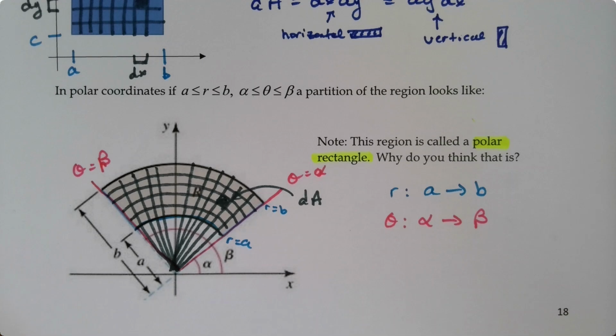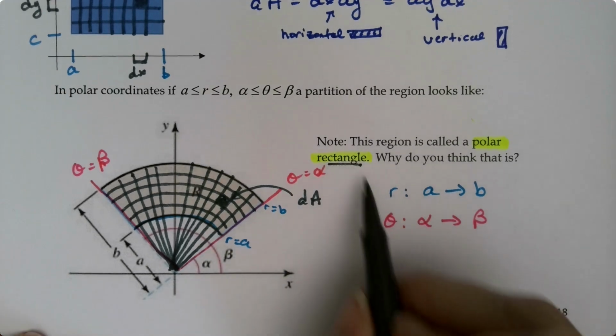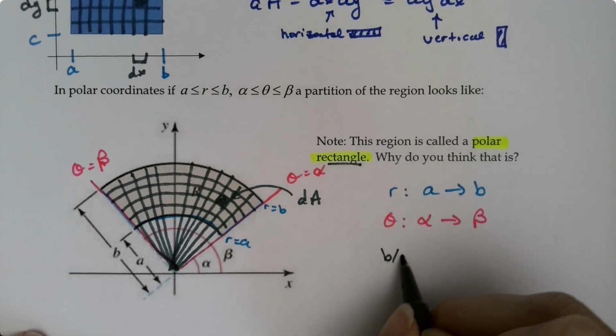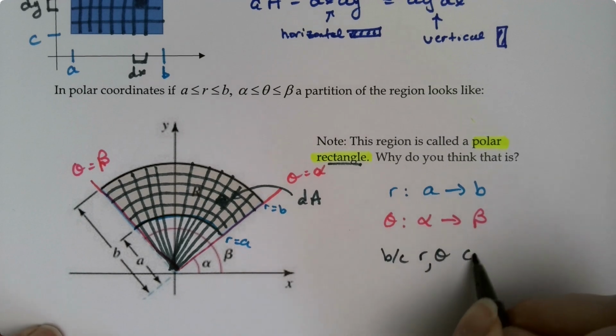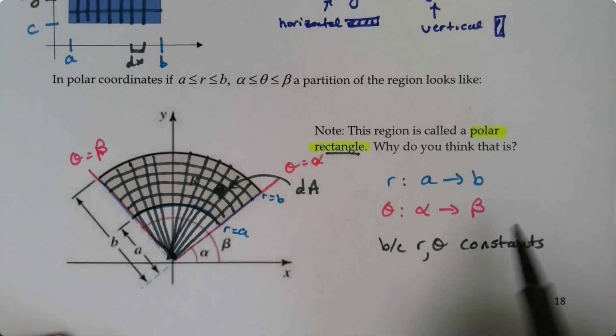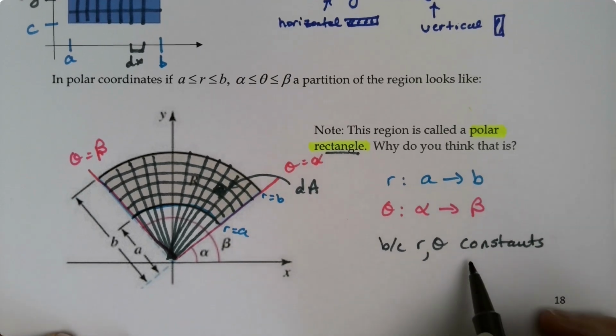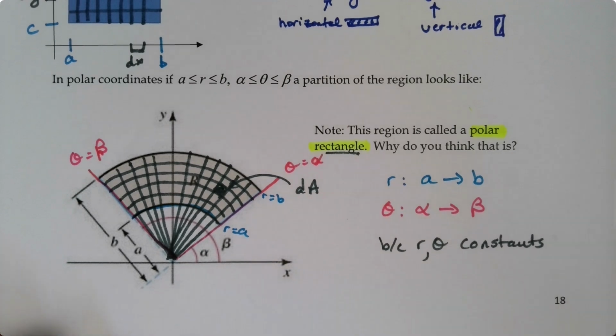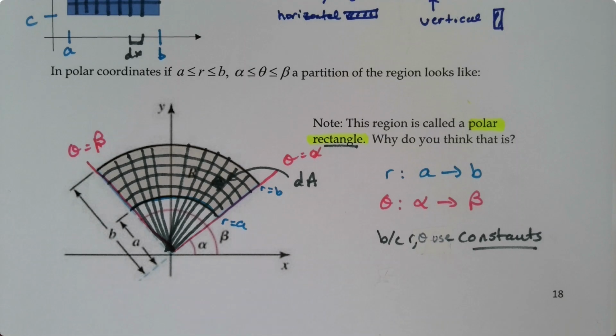Okay, so why is it called a polar rectangle? Well, it's a polar rectangle because r and theta are constants, or they're moving between constant values, right?